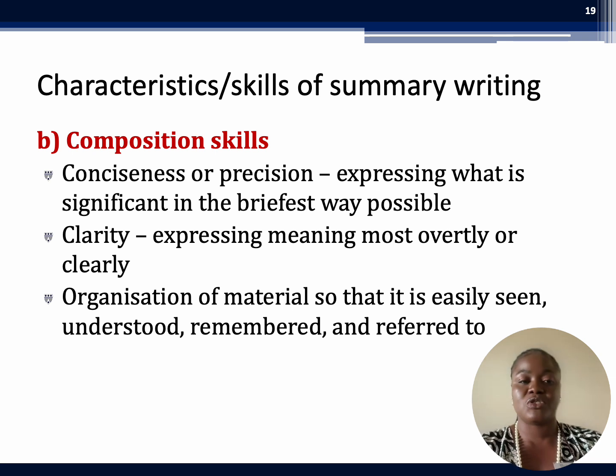Now, what are some composition challenges? One is precision. Some don't know the right words to use. That can be a problem. Now, the second one is conciseness. Some do not know how to say more with fewer words. But when you learn the art of concision, you know how to say more with fewer words. When you learn the art of precision, you know how to choose exactly the right words.